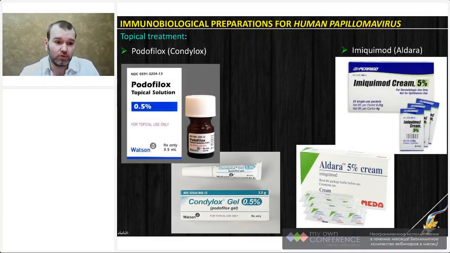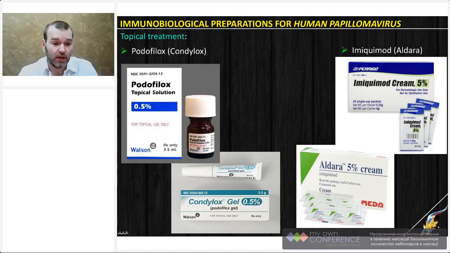We have only 2 drugs officially approved with confirmed effect against papillomavirus for topical use. It is podofilox, or Condylox, the original trade name. It is available as a solution or gel for local application.